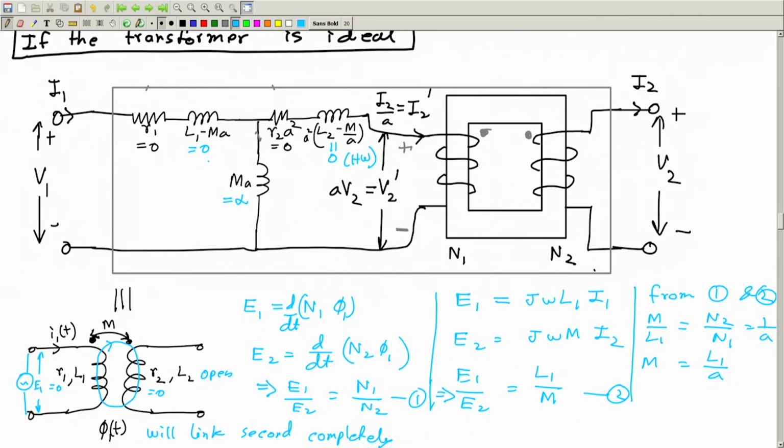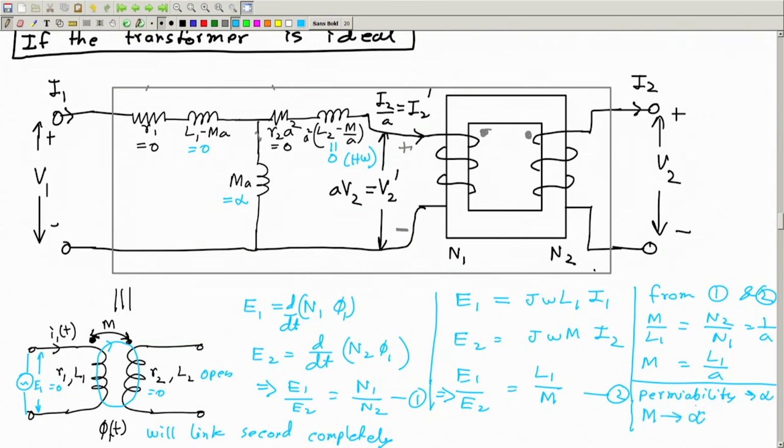Because we have said that permeability of an ideal transformer should be very high, permeability is tending to infinite. So this will imply M tending to infinite.